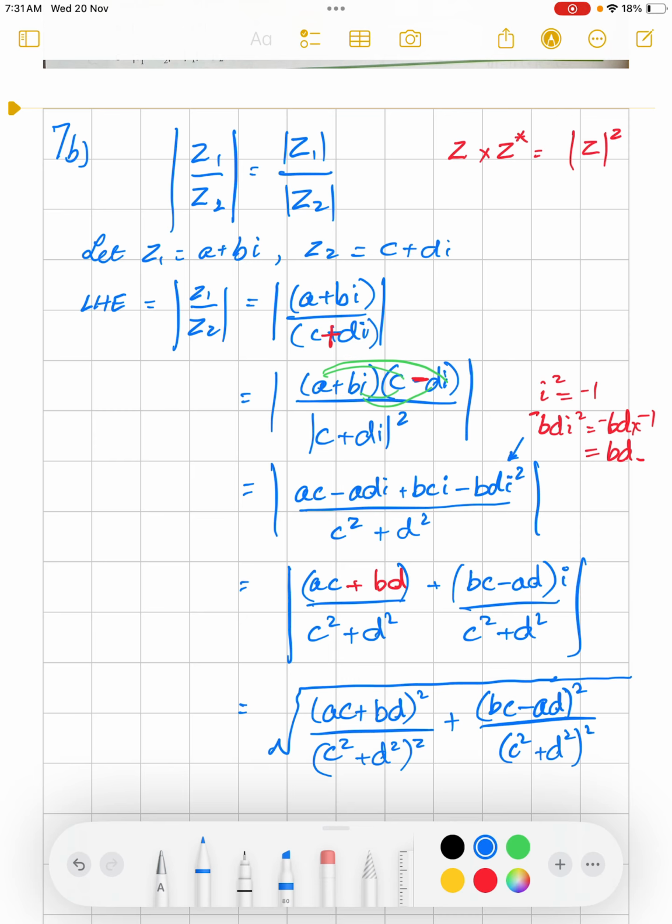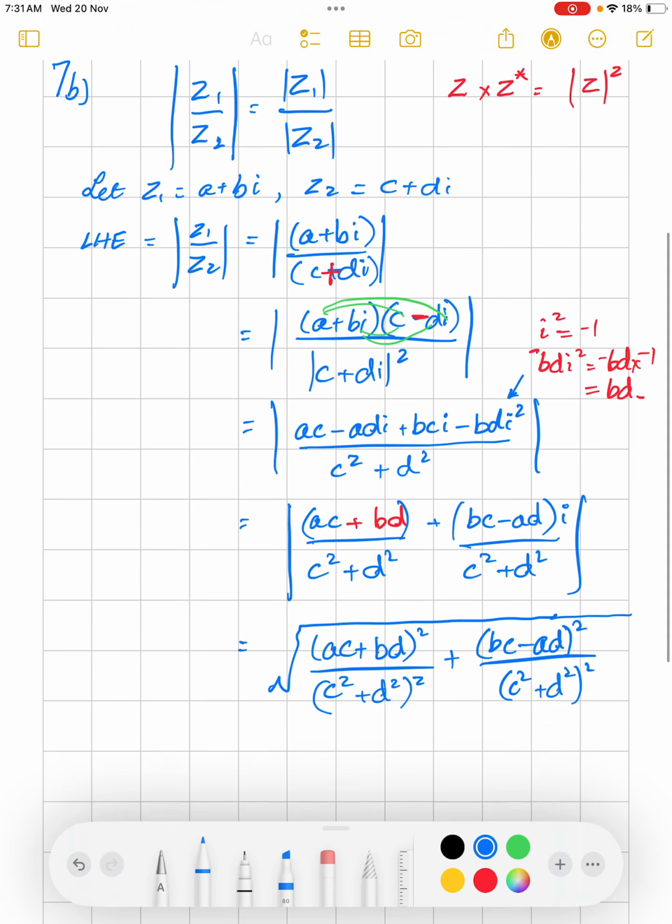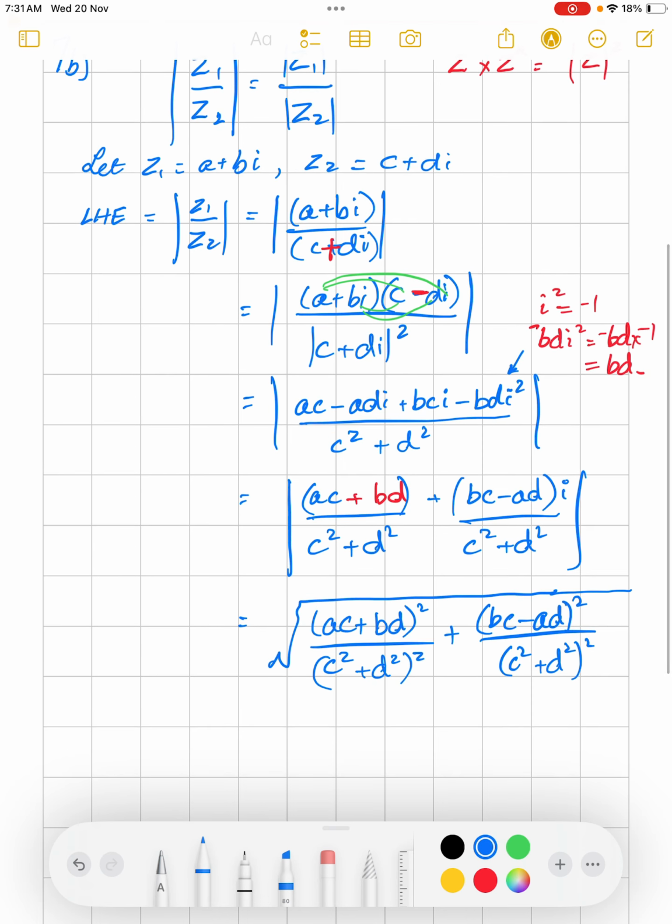Okay, well, do we need to simplify this?